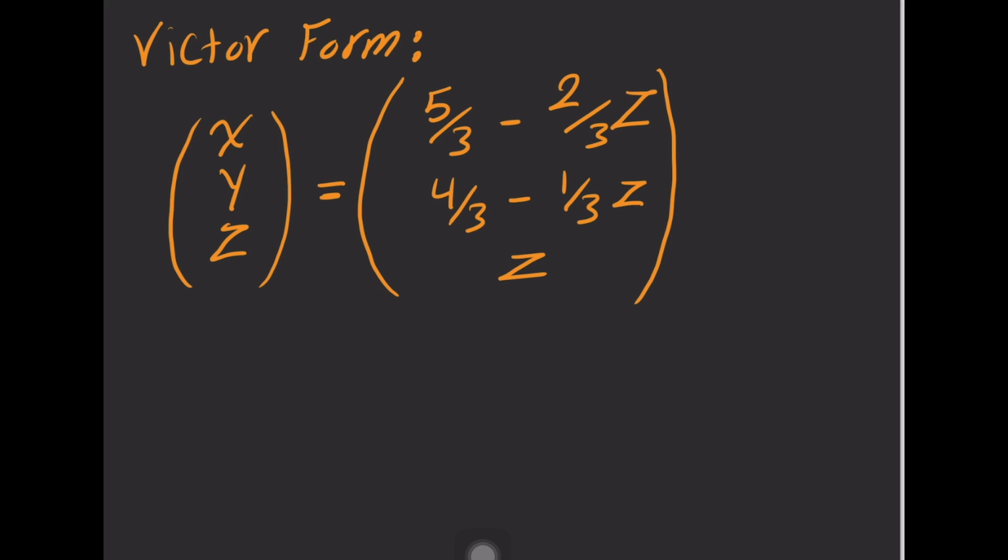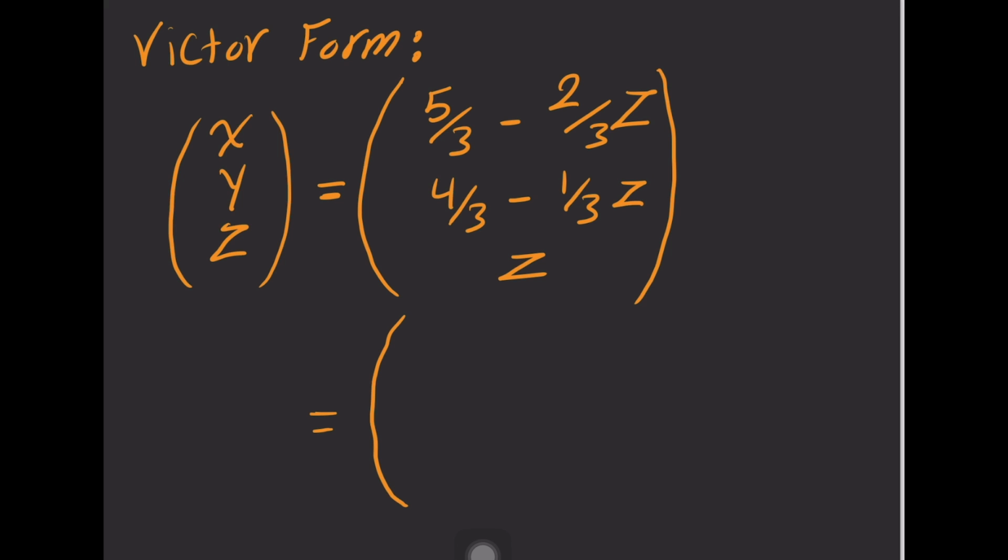We can also simplify this and make it in this format. So we can separate this here in a vector and separate this one in a vector and take z as a common factor. And that's what we're going to do now.